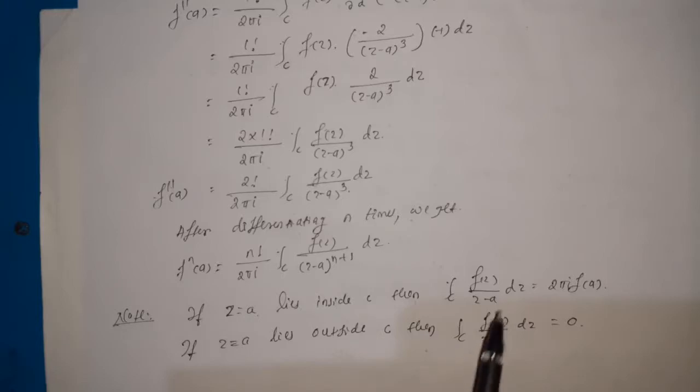So these 2 points are important. Within the circle, only then consider the value of that integral, otherwise its value is equal to 0. So these 2 are important points.